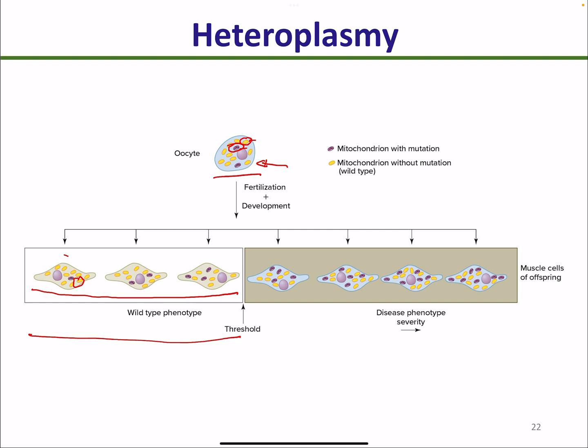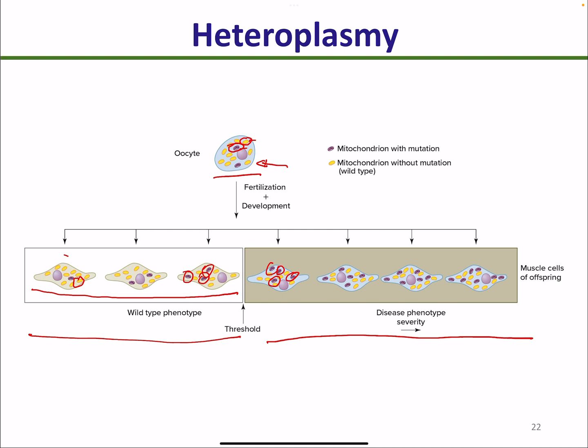And then there is a certain threshold beyond which the cells are not going to exhibit the wild type phenotype, depending on the number of copies of the mutated. So we have here 4, more than 4. So we have 5 and more, where we are going to have the phenotype of mutation expressed.